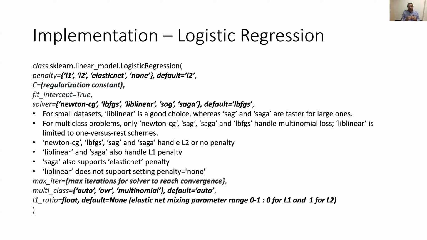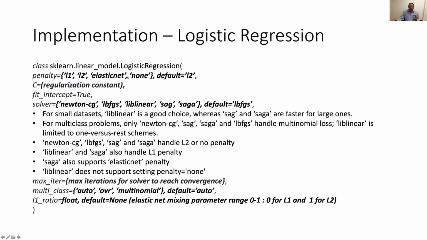L2 is a way to wrangle in those weights that are blowing up really big, but it allows everything to be important, right? And that can have its pluses and minuses, right? It gives you degrees of freedom for your model to move in.